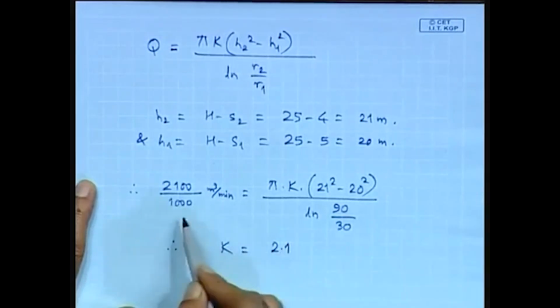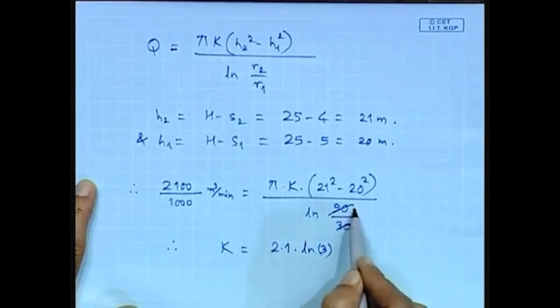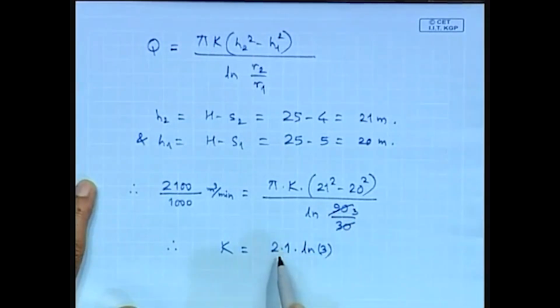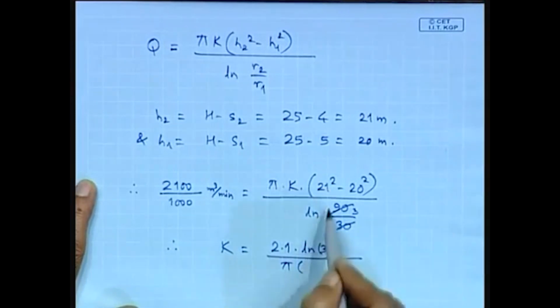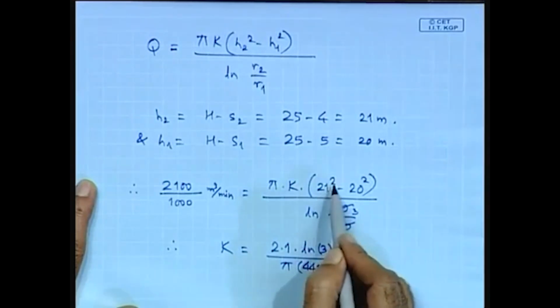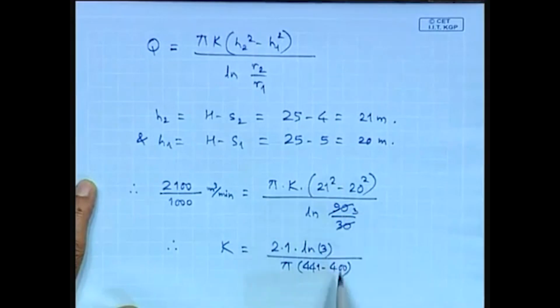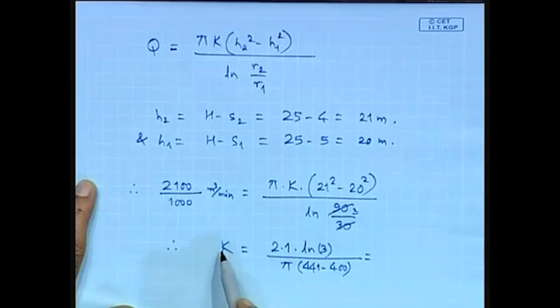K will be given by 2.1 into natural log of 3, 90 by 30 is 3, divided by pi into 441 minus 400. So, this is 21 square is 441 and 20 square is 400, and so this will directly give the value of K in terms of meter cube per minute.